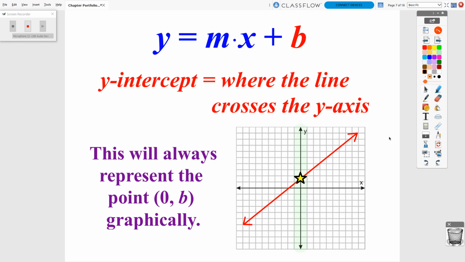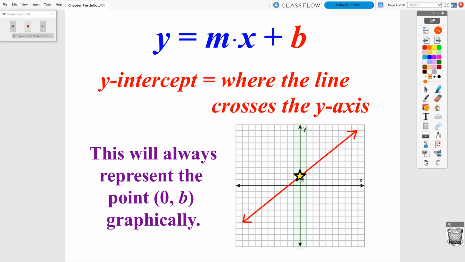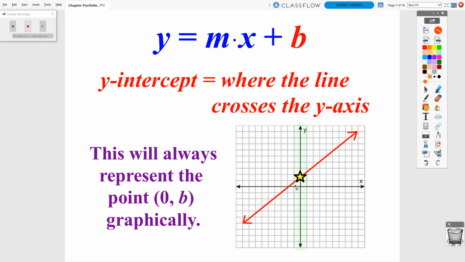Now, the y-intercept specifically is where the line crosses the y-axis, and the y-axis is the vertical one. So where that line hits the y-axis, so I've got a little star right there, that is a specific point. Now, any y-intercept, the x value is always 0, because on the x-axis, here is where x equals 0, specifically right here at the origin, right?